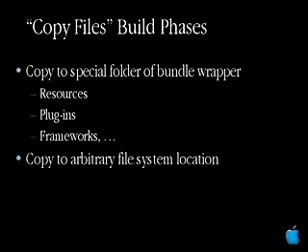And you could actually use a copy files build phase to accomplish that. We have support for some of the standard ones, or you can just enter any path that you want. The other thing you can use the copy files build phase for is to copy a file or folder to an arbitrary place in the file system. Say you want to install some release notes into local developer release notes, wherever, when you deploy your application. So you can have a copy files build phase for that.